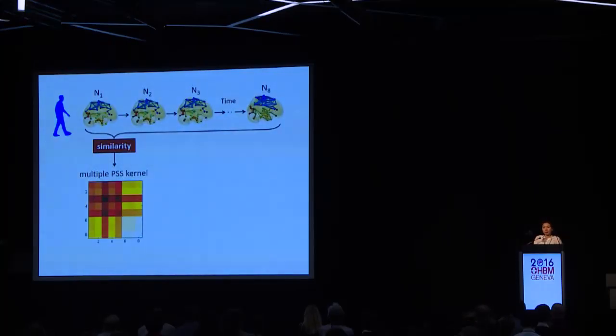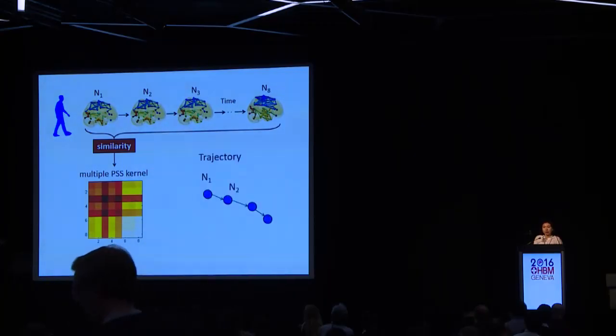This is the similarity matrix between networks, and it is also a kernel, so you can apply any machine learning technique based on kernels. In our case, we want to find the difference between dynamic networks.